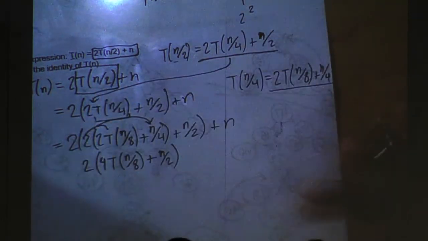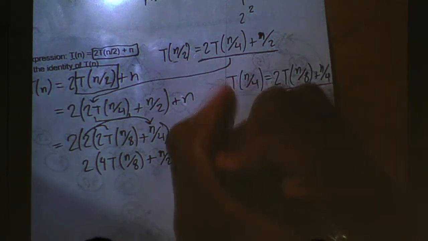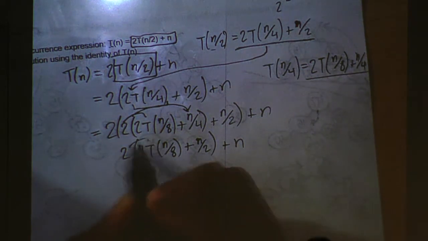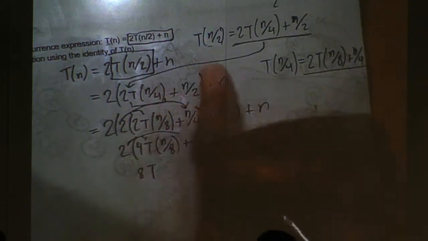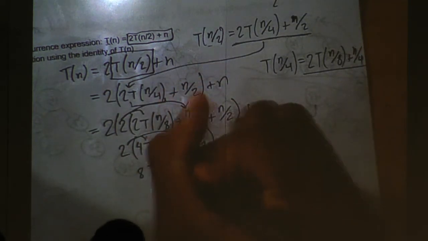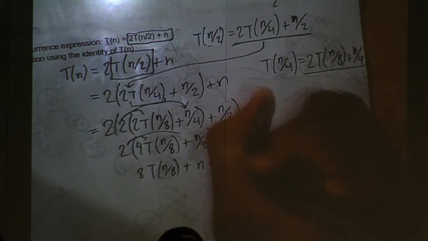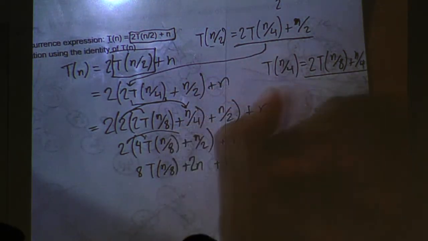So the 2 plus n. Eight T of n over 8. So it's going to be 2n.